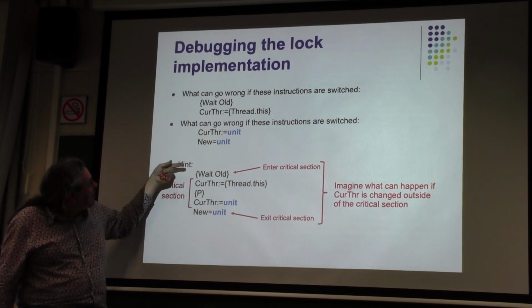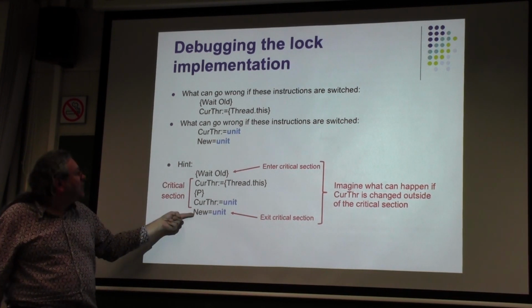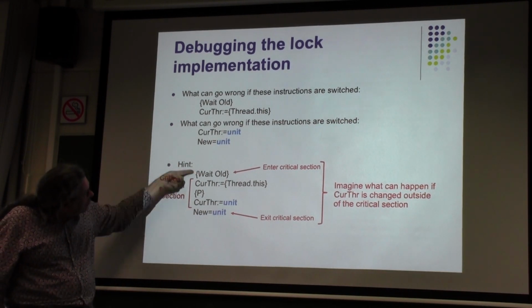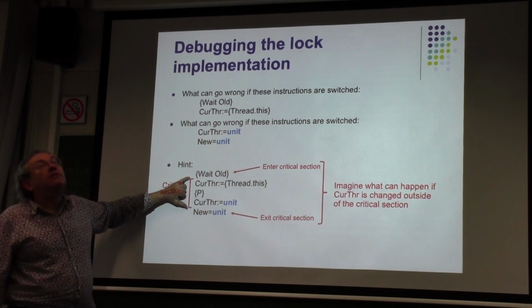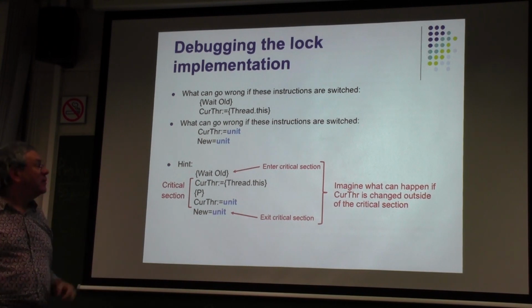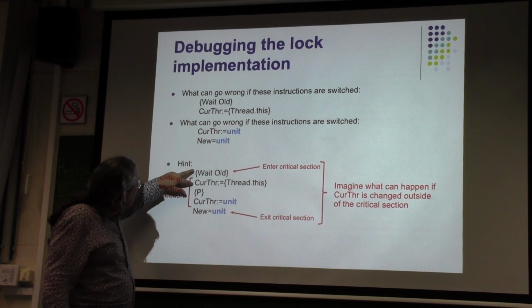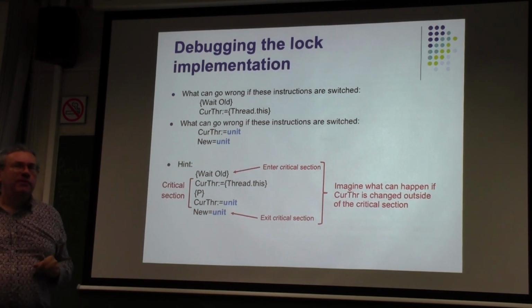Wait old, that's where you enter. New unit, that's where you exit. Everything between wait old and new unit is inside, and everything on the other side is outside. So what happens if you change the current thread outside of the critical section?